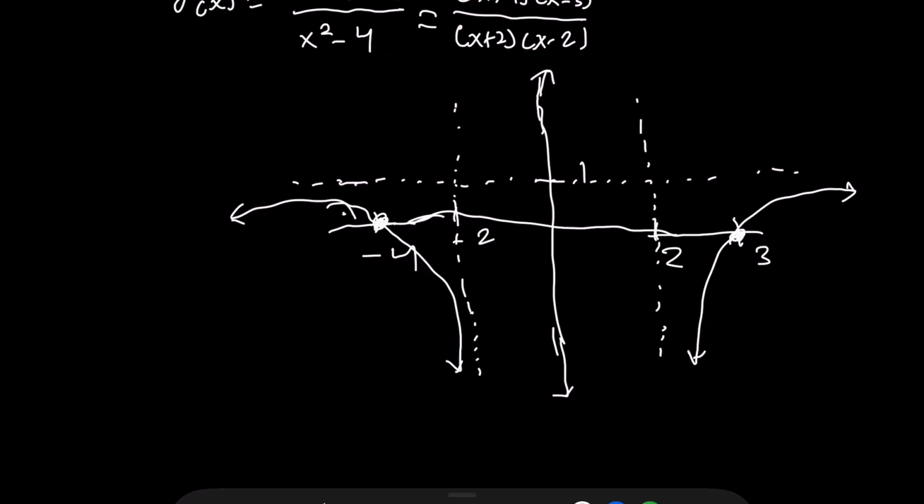On the y-axis, we can just plug in x equals 0. So x equals 0, we have 4 times -3 on the top, and then -4 on the bottom, right?